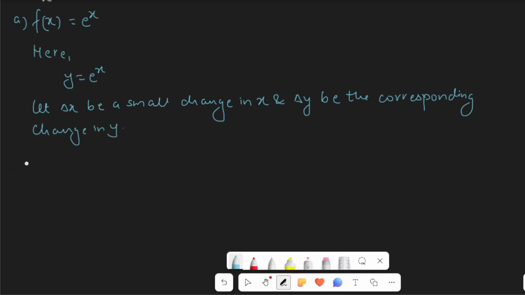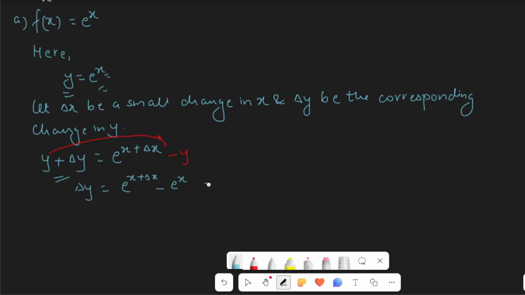Now we have to find delta y. For that, we replace y with y plus delta y and x with x plus delta x. Now we move y to this side, so it becomes minus y. That gives us delta y is equal to e to the power x plus delta x minus e to the power x, because y is nothing but e to the power x.